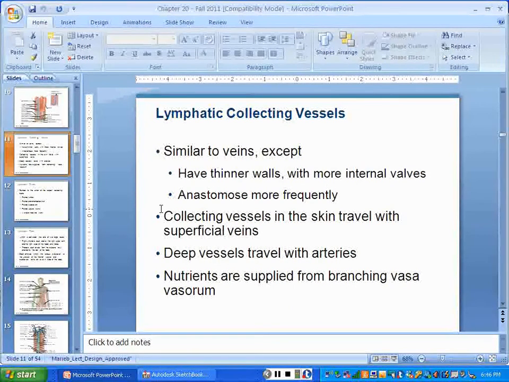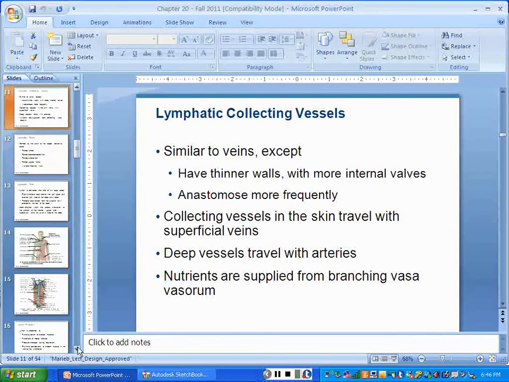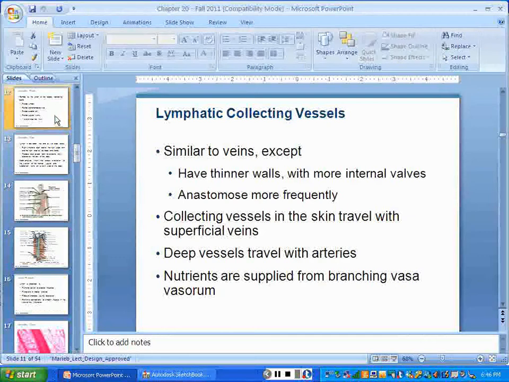If I get real fancy, I would like interstitial fluid. But I'm okay if you just define this, a network of vessels and organs that filters the tissue fluid and returns it to the circulation. I'm okay with that. I do need everybody to know the term interstitial fluid, though, because that becomes very important when you get into your program, nursing or what have you.